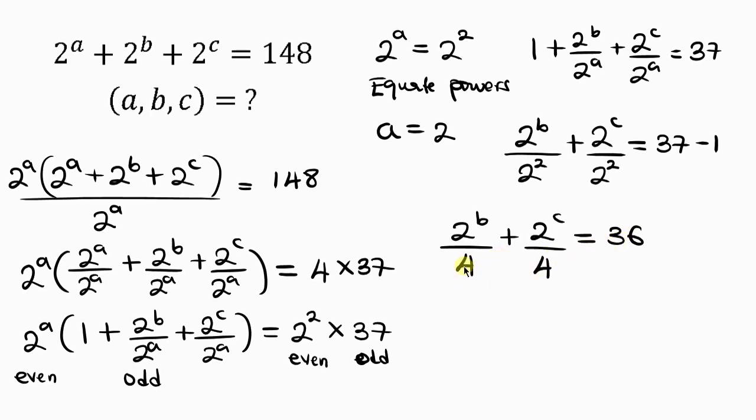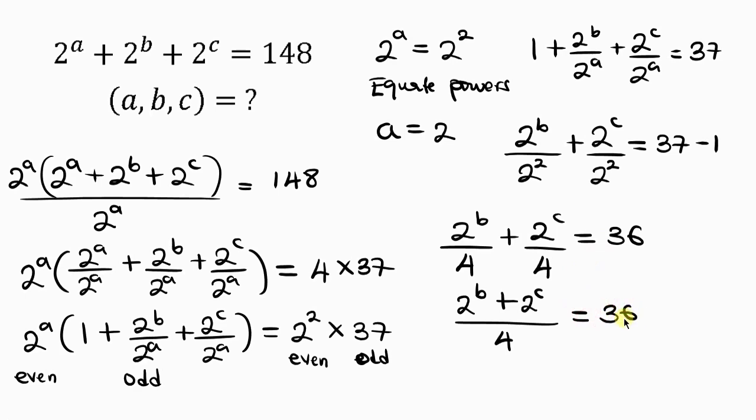The LCM of 4 and 4 is 4. So 4 divided by 4 is 1, and 1 times 2 to the B is 2 to the B, plus 4 divided by 4 is 1, and 1 times 2 to the C is 2 to the C, and this is equal to 36.